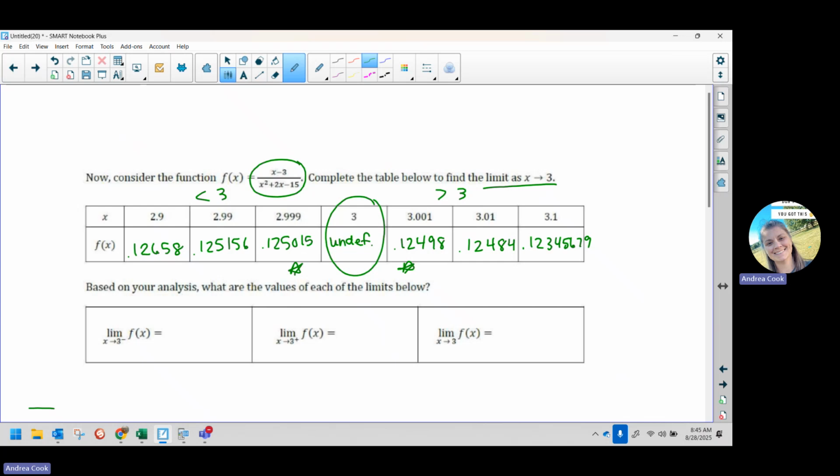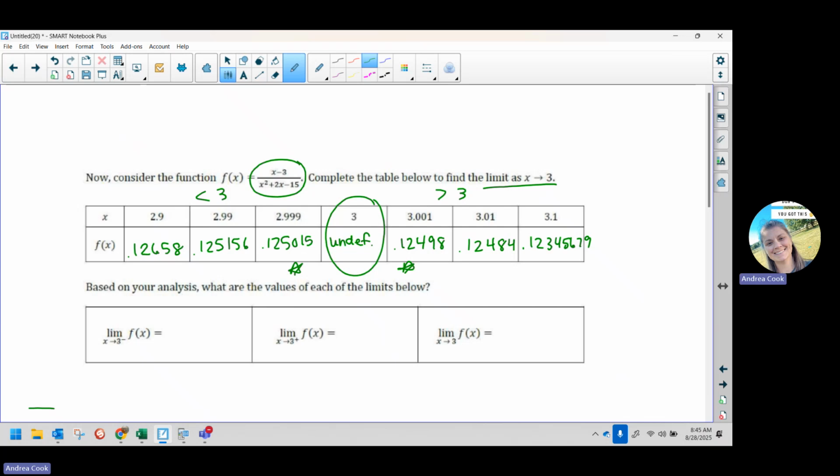So you can't make a table and put in numbers like 3, 4, 5, 6. That's way too far away from 3. So we're putting in numbers super close. Yes. How far would you go?